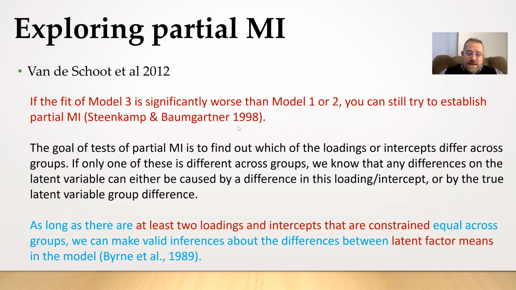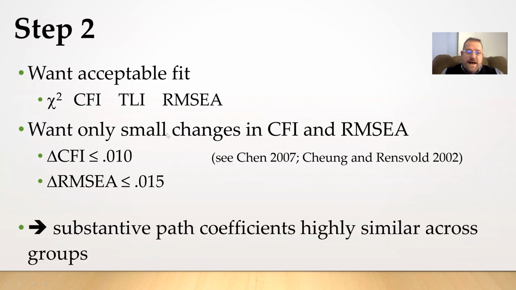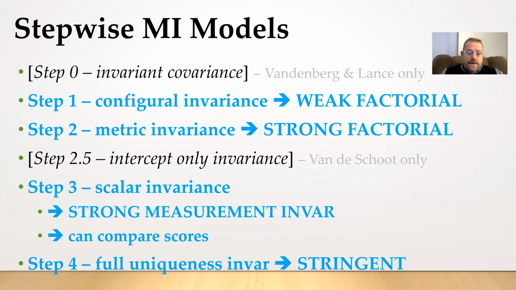Van de Schoot gives some tips on how you can try to establish partial measurement invariance, and that involves looking at steps 1, 2, and 2.5 really carefully to see, are there just 1 or 2 items that, if you release the constraints, then you get good fit?